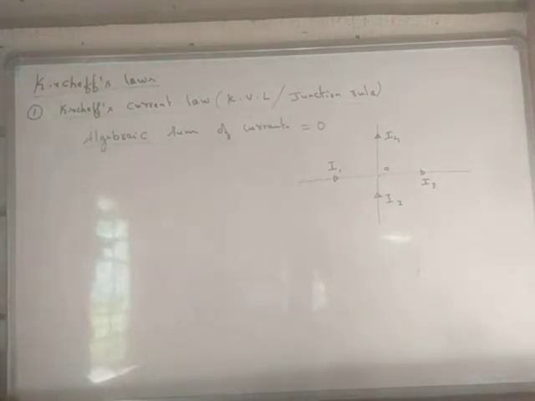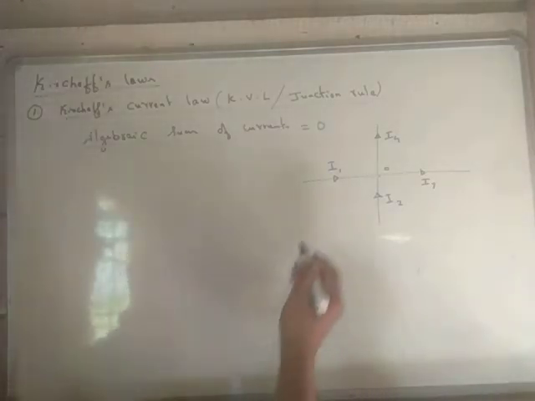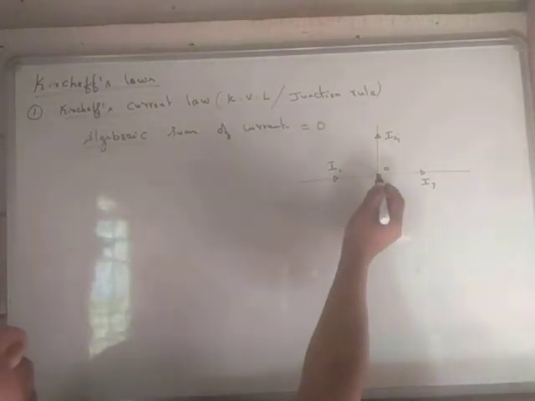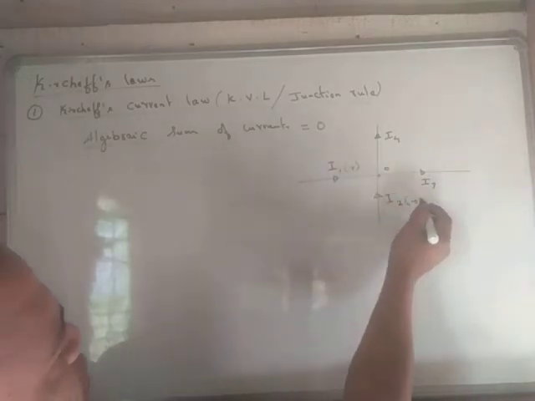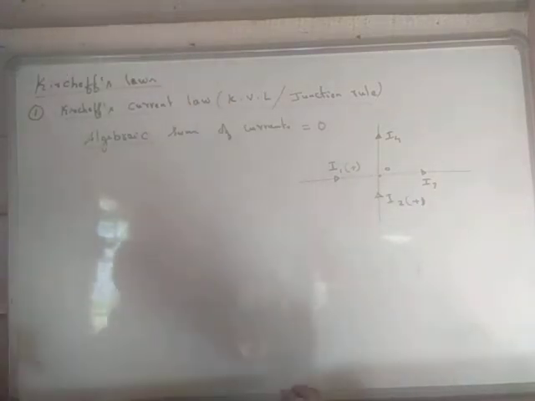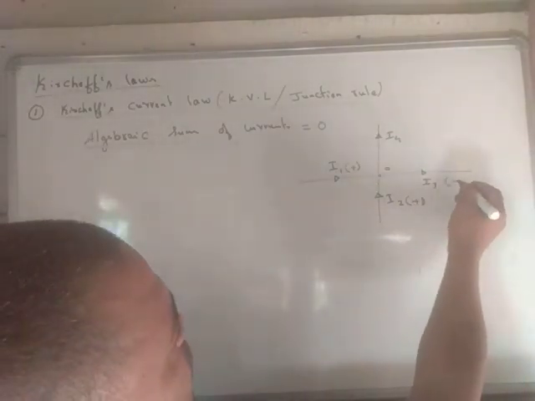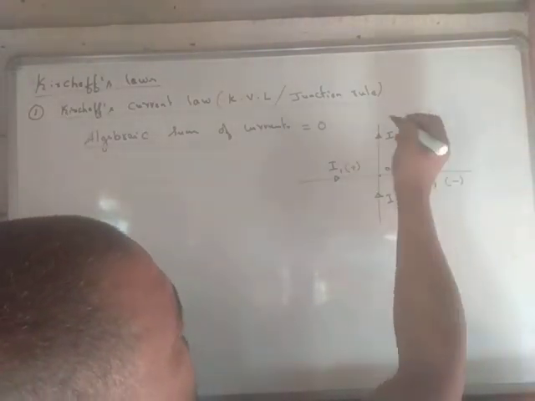So therefore, for those currents which are entering the point, we will take the sign as positive. So like I1 and I2, they are entering the point O, so therefore, these currents will be positive. And those currents which are leaving the junction, like I3 and I4, will be negative.